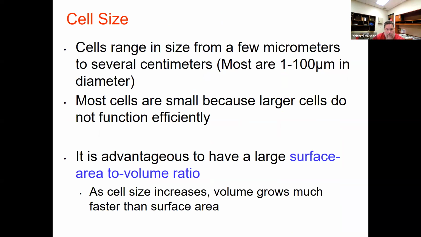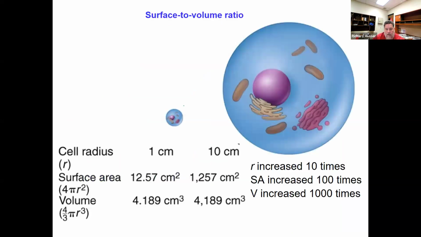Now remember, cells are small, and that has a lot to do with the surface area to volume ratio. The idea is that you want a small cell because the volume is substantially smaller, allowing substances to move in and out of the cell, and diffusion of gases and so forth.